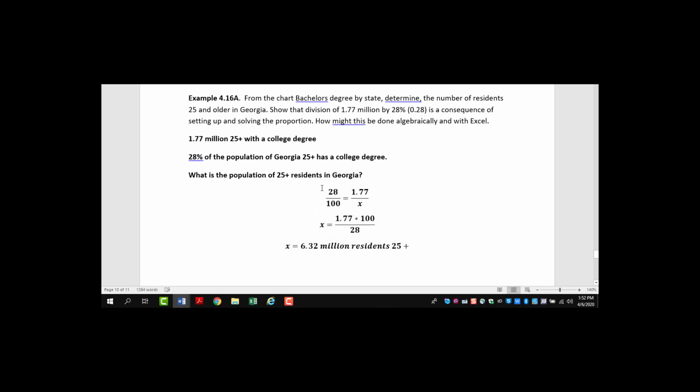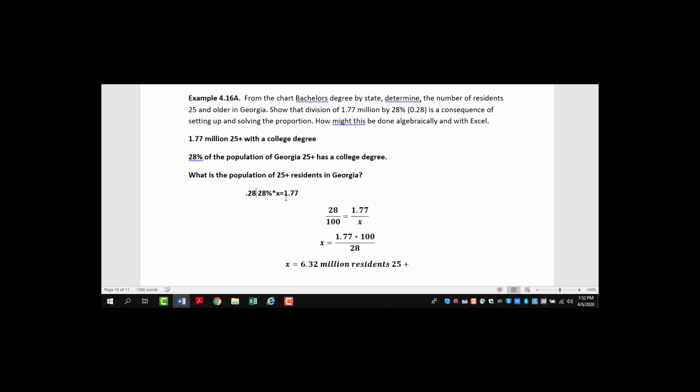Now I'm going to do it algebraically. So I'm going to move this down and do this algebraically. So it's really 28% of some unknown number equals 1.77. Now, that's 28%, so that's 28 over 100.